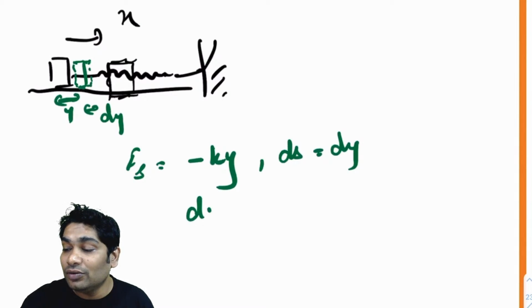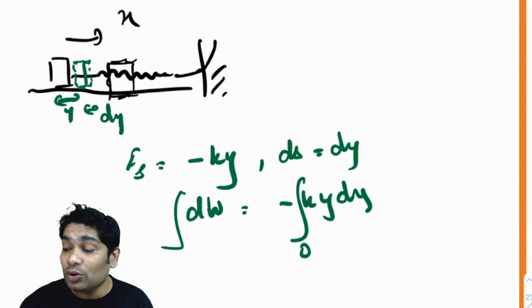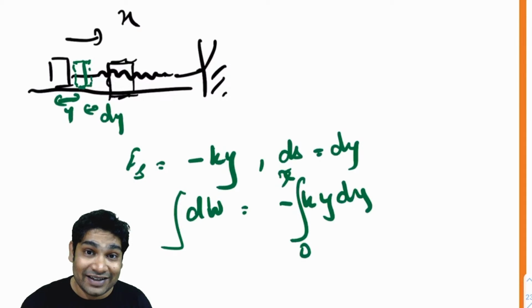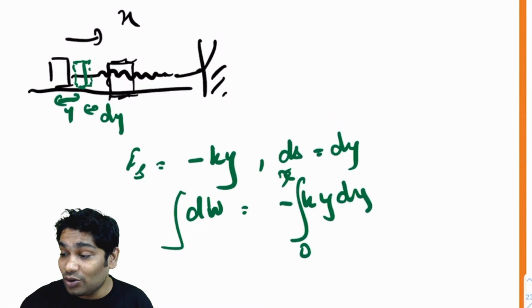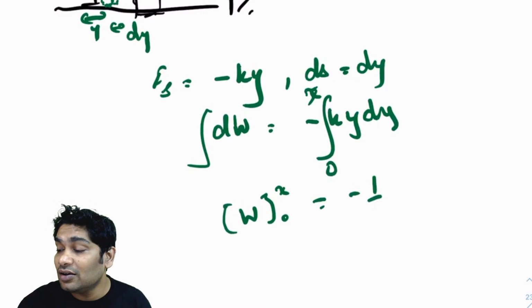So dw would be minus ky dy, and I need to integrate this from 0 to x. Why? Because 0 compression I have taken as the reference point. So I will realize that my work in moving from 0 to x comes out to be minus 1 by 2 kx square.